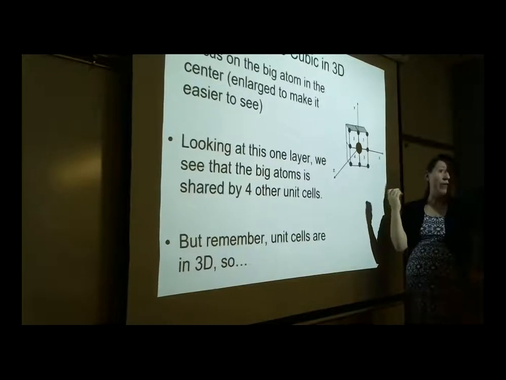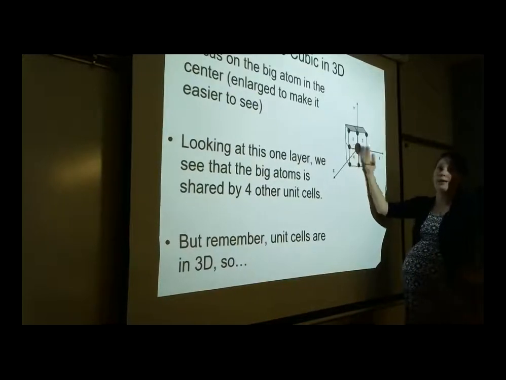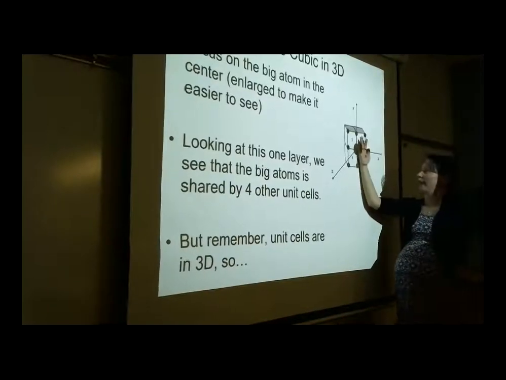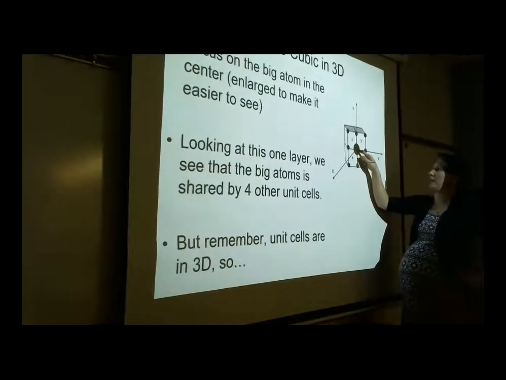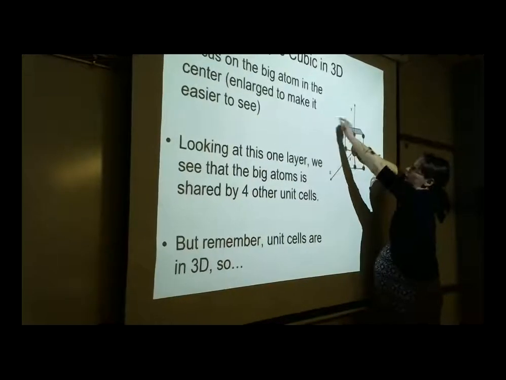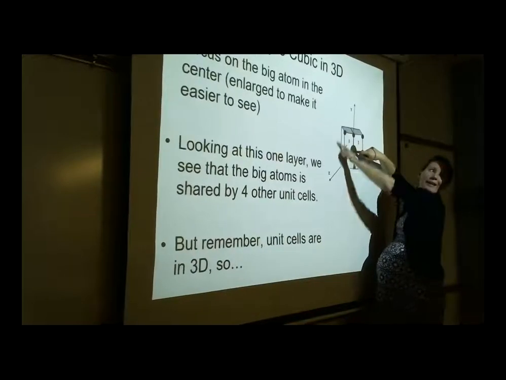Where do we get the other 4? This is not just one layer, right? There are layers coming out and layers going back. This corner is not going to be part of the cells behind it, right? If you imagine another layer back here, would this corner be part of the cells behind it?